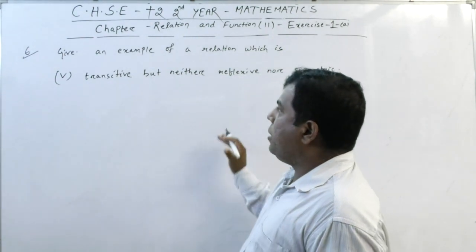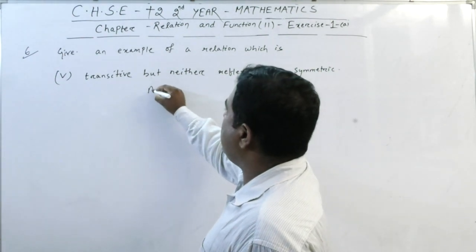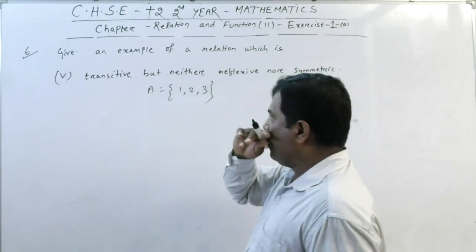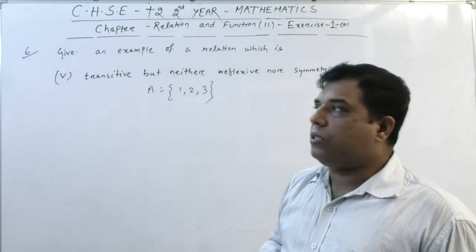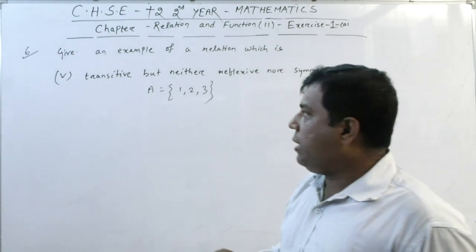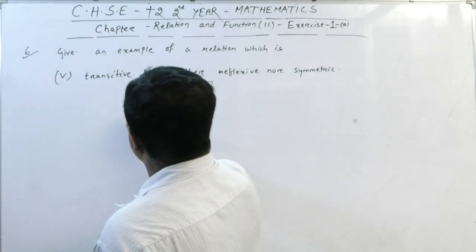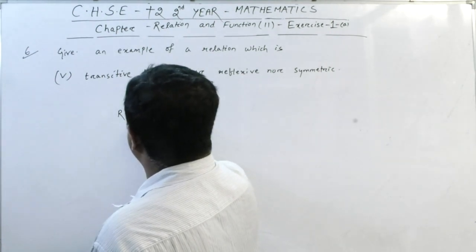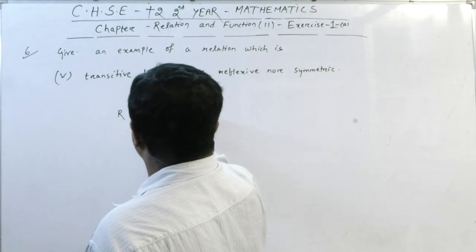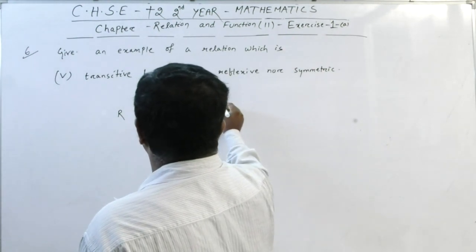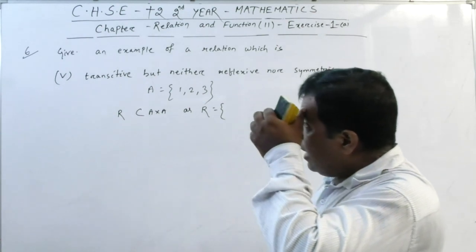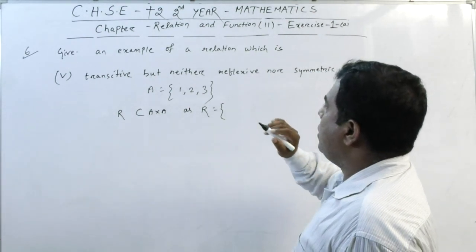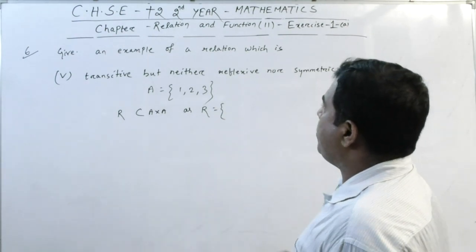Let a set A equal {1, 2, 3}, and let the relation R on A, R a subset of A cross A, be defined. Suppose I take some elements which should be transitive but not reflexive.